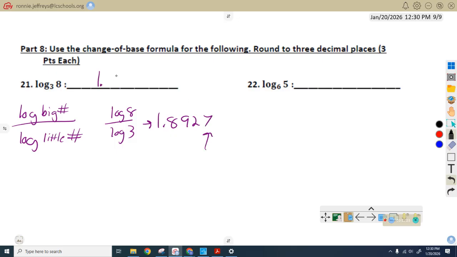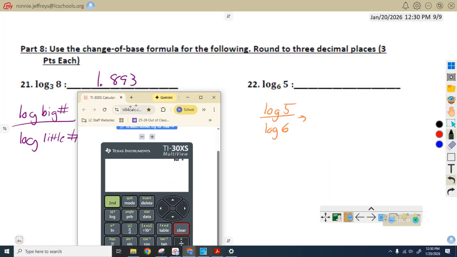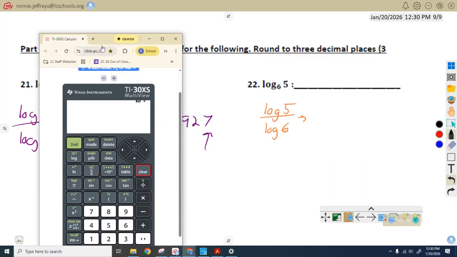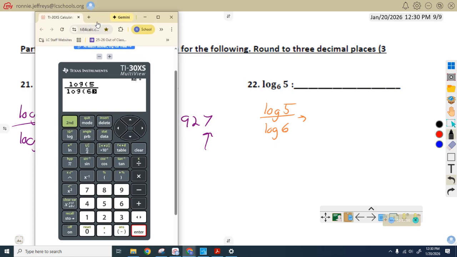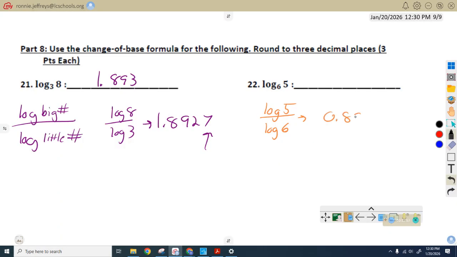So this means 1.893. So 0.898. Alright, and that's it.